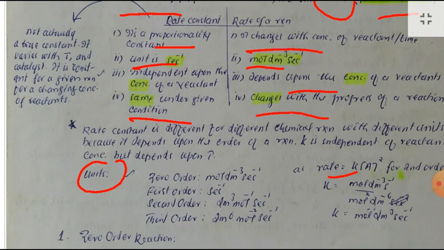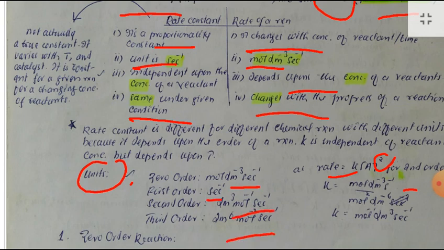Rearranging this equation, k is equal to mole dm^-3 second inverse in the numerator, which is the rate, and the denominator will be the concentration. It will be squared, because it is a second order reaction. So as a whole, this is the unit for a zero order reaction. This is for first, this is for second, and this is for third.